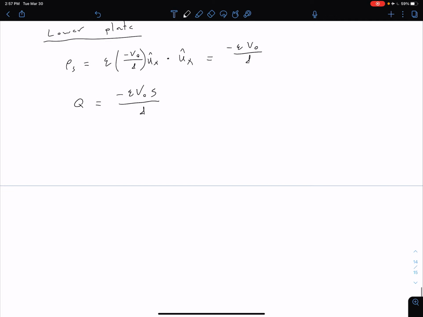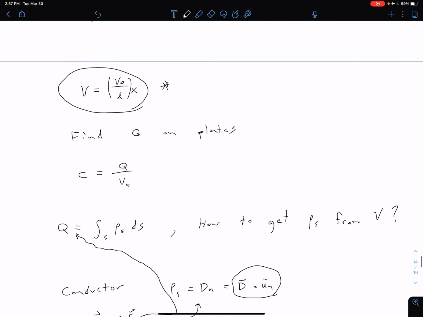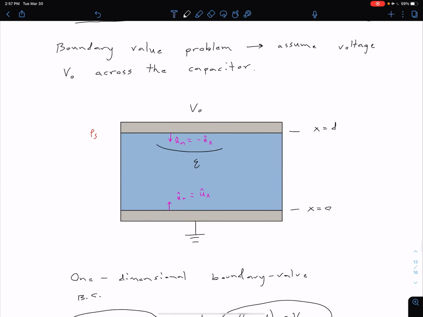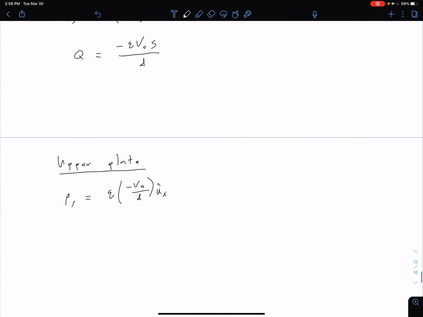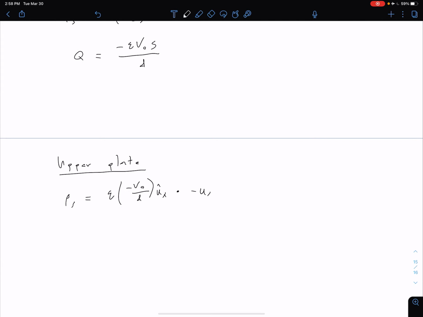So now let's talk about the upper plate. Same basic approach. We have rho s is equal to epsilon times E, which is negative V naught over D in our x direction. The one difference is that now our unit normal vector is not going to be in the x direction, but in the negative x direction. So we come back down here, and now we're going to dot this with negative U_x. U_x dot negative U_x is going to be negative 1.